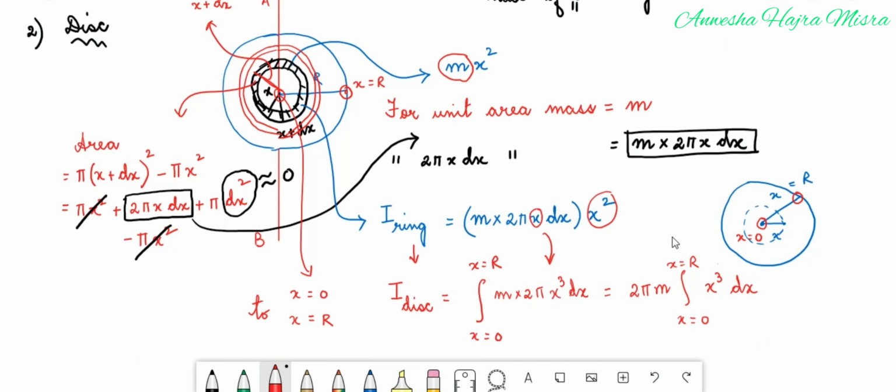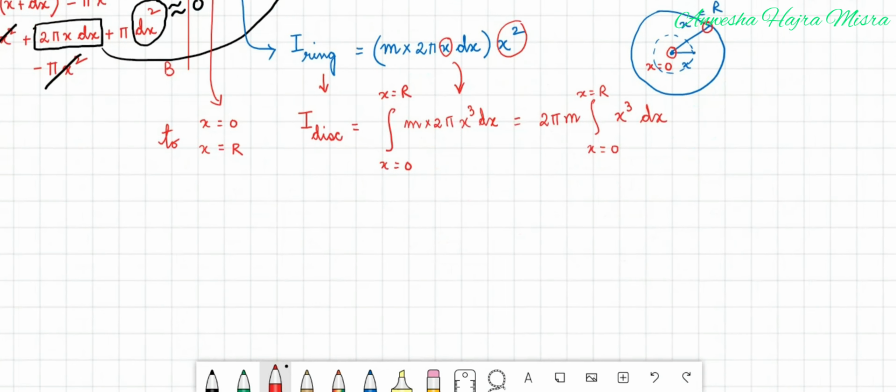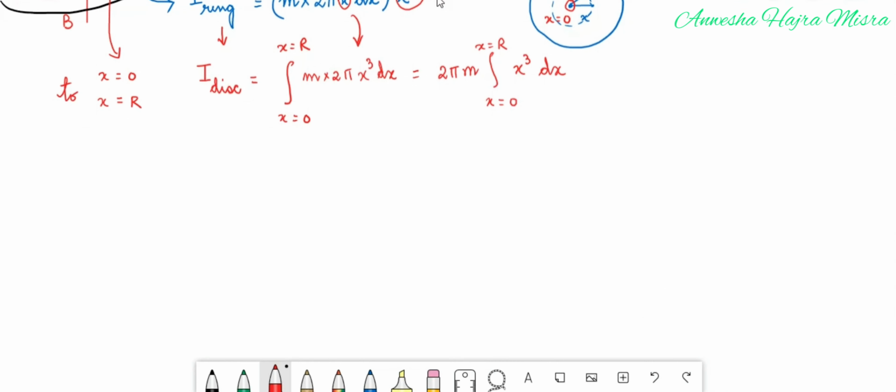Now if we integrate this, it is equal to 2 pi m times x cube integrated, x to the power 3 plus 1 divided by 3 plus 1, from x equal to 0 to x equal to r.